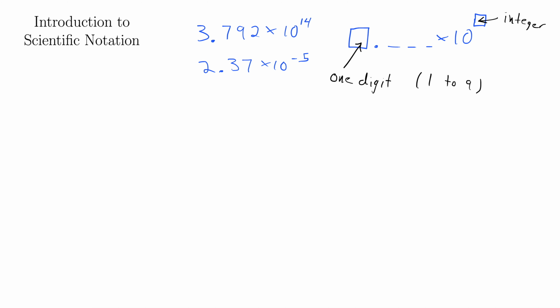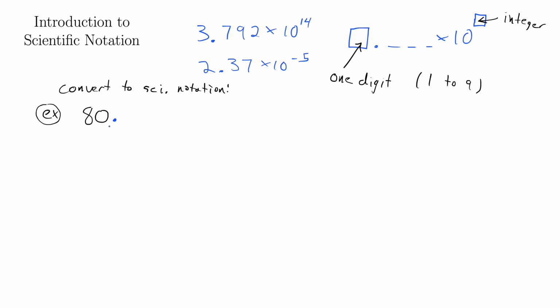Okay, so let's see how it works. Let's take a nice example like 80. We want to convert to scientific notation. The way you do it is you take the decimal, which is out here.